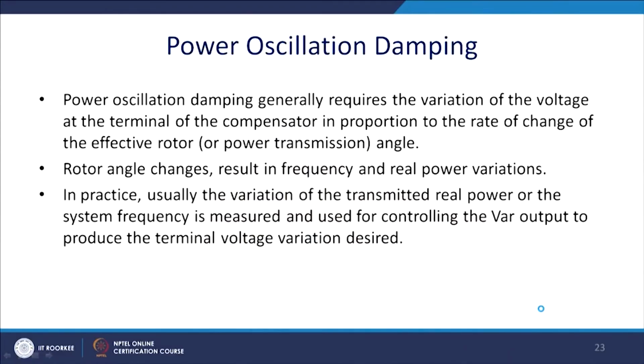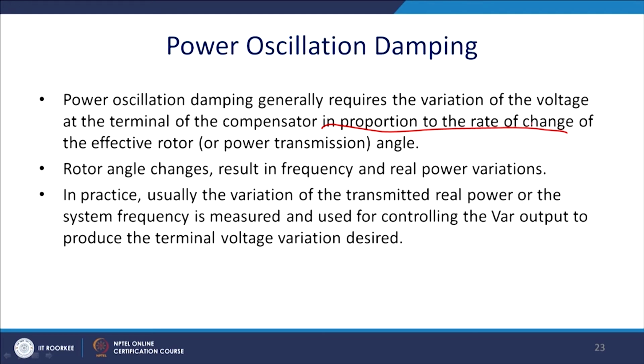Another main feature of this SVC is definitely the power oscillation damping. Power oscillation damping we have discussed several times. Damping generally requires the variation of the voltage at the terminal of the compensator in proportion to the rate of change of the effective rotor power angle.